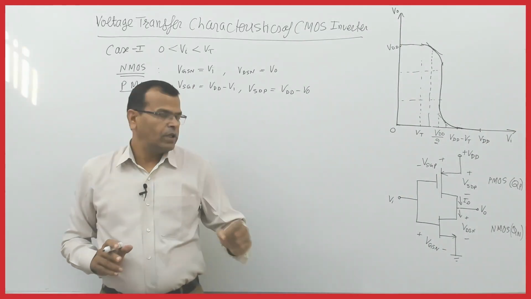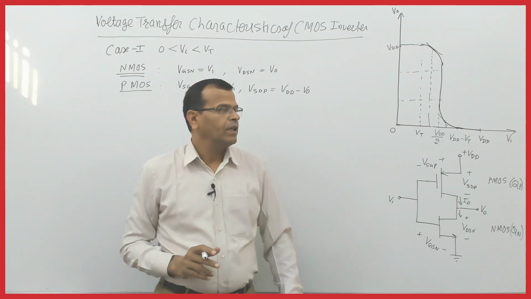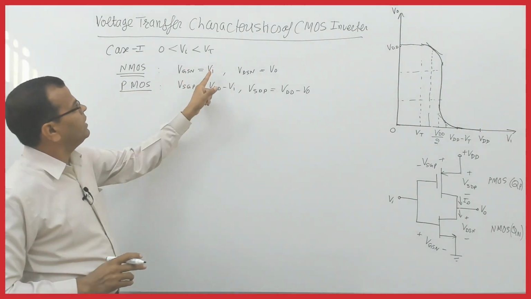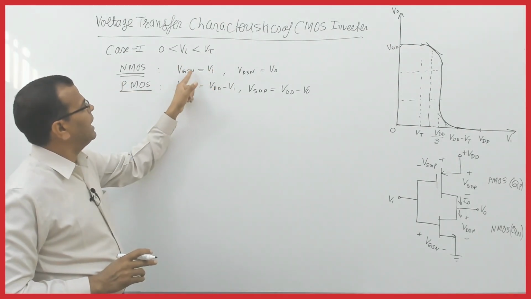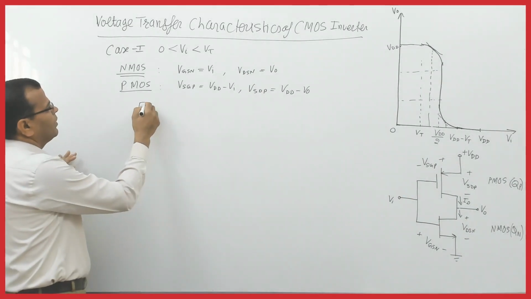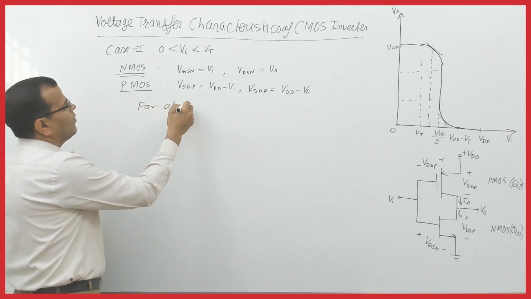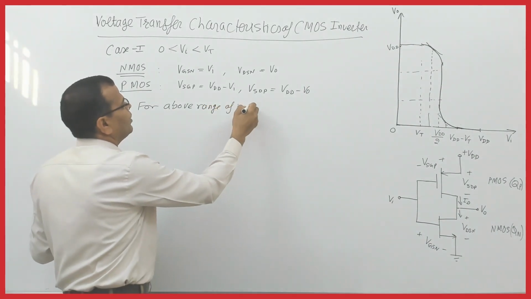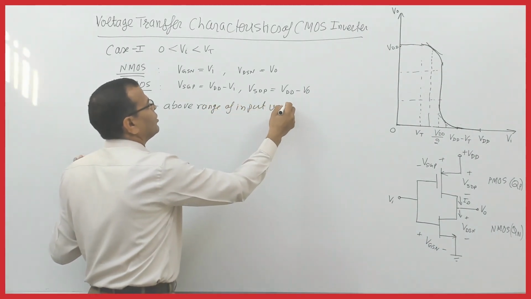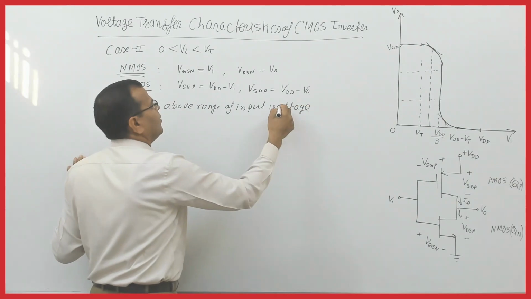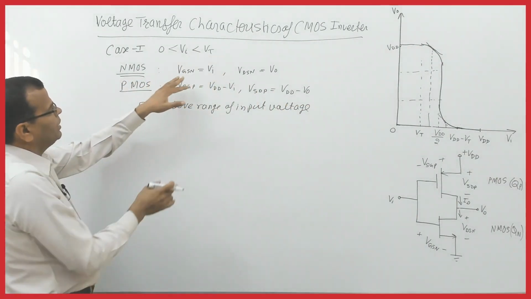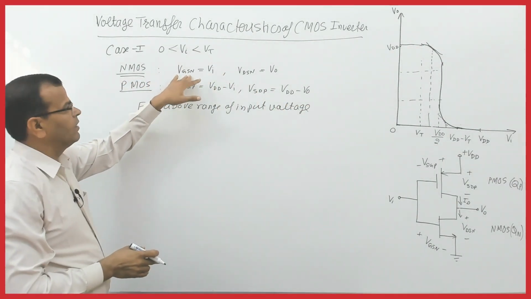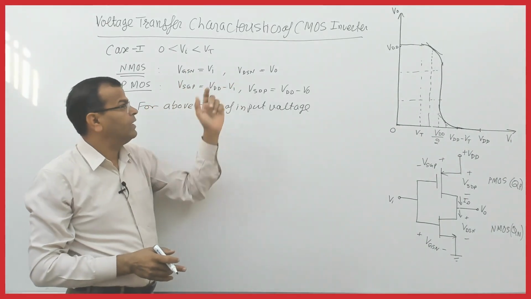Fine. Now, PMOS, NMOS, let us talk about NMOS first. Here, Vi is the same as VGSN. So for this range of input voltage, what will be the range of VGSN? Why am I talking about VGSN and VDSN?